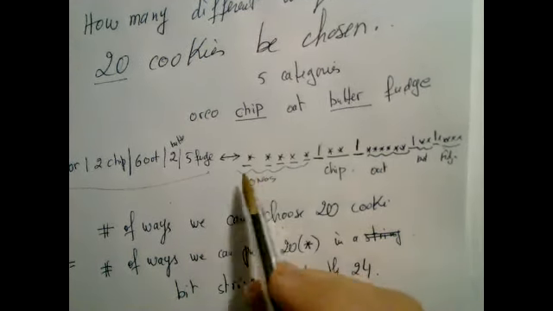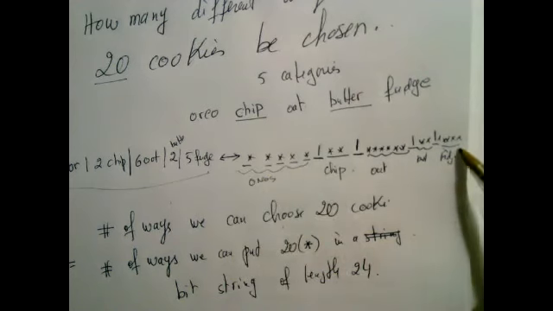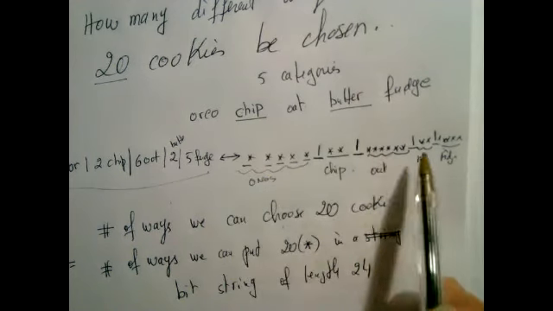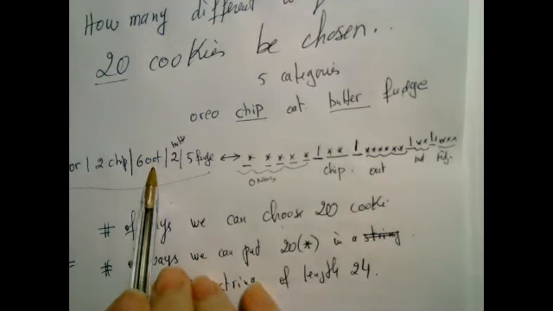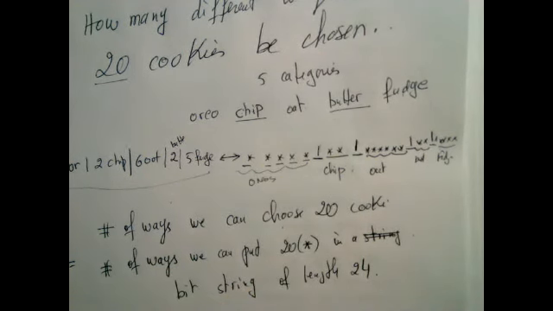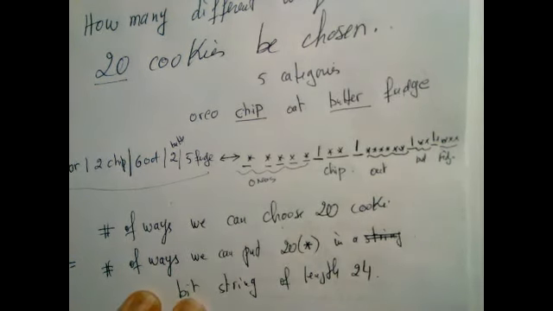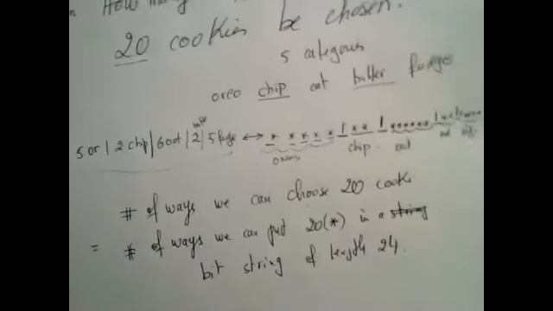So the idea is that if I give you a string of length 24, the number of ways you can put your stars is actually the number of ways we can select our cookies. Because for every string, regardless of what the string is, I can give you a selection.